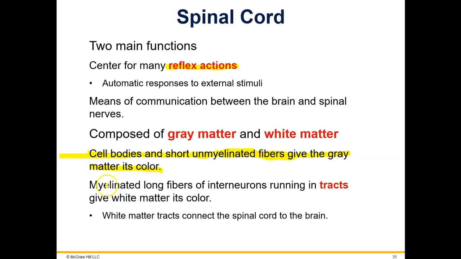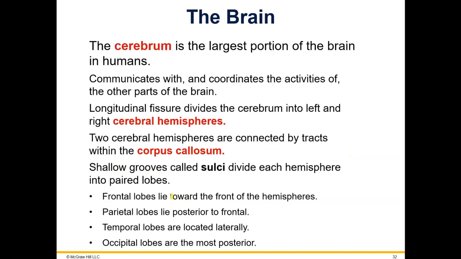But the white matter comes from the myelinated axon fibers, myelinated long fibers of interneurons running in tracts. Myelinated axons are what give white matter its color. So when you hear those terms, white matter comes from the myelinated axons.